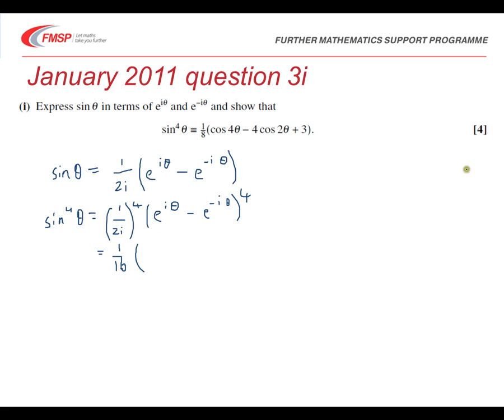And now what I've got here is, you don't need to write this down, but effectively a binomial to the power 4. The row 4 in Pascal's triangle looks like 1, 4, 6, 4, 1.